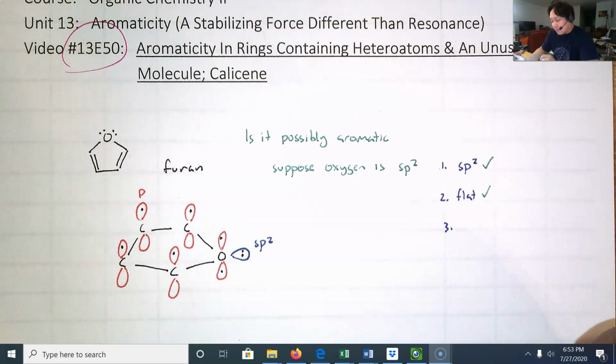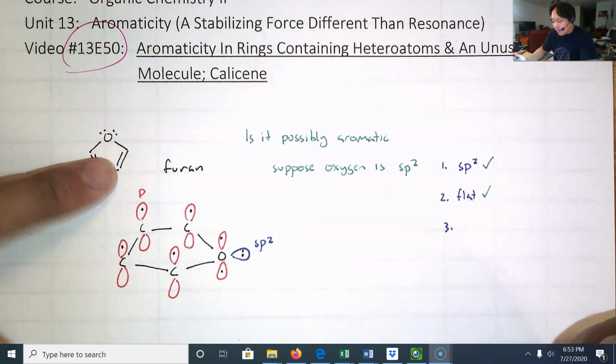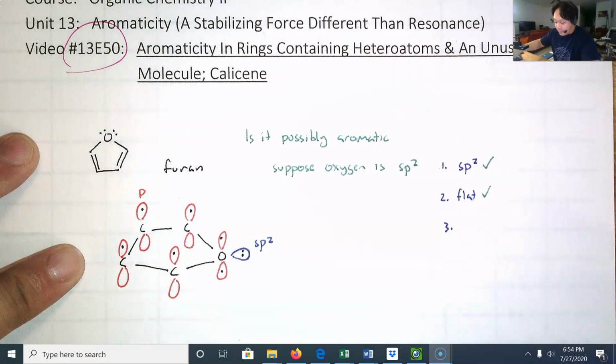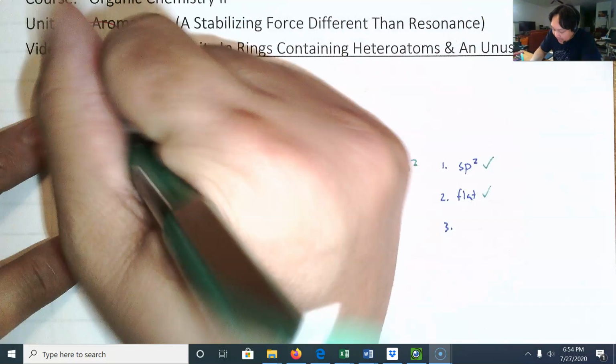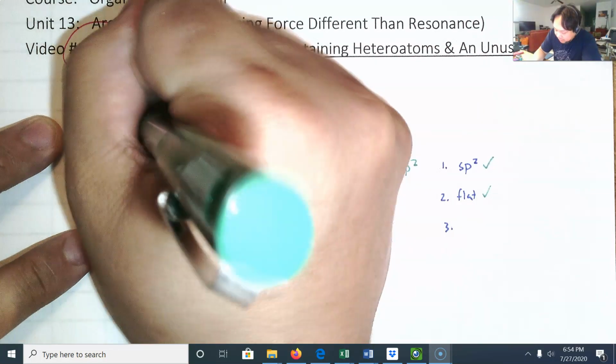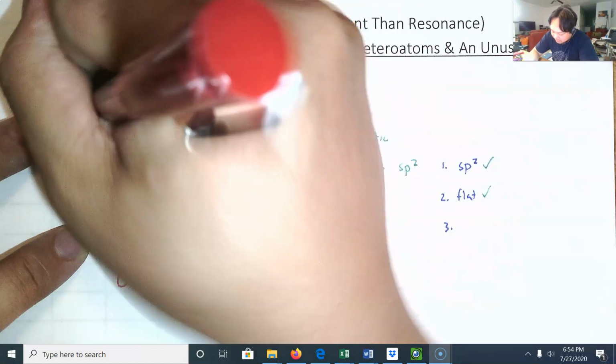So what I'm showing here is that one of the lone pairs is in a p orbital. The other lone pair is in an sp2 orbital. Okay, and then let's label that. So while the atom is sp2, maybe I could draw it this way. We could say this is in an sp2 orbital, and this red one is in a p orbital.